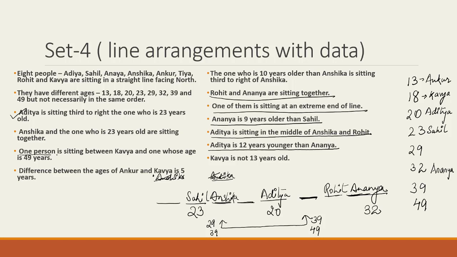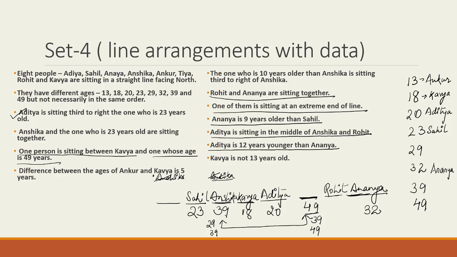Now one person is sitting between Kavya and the one whose age is 49 years. Now 49 years person can come here, and if I place Kavya here, I am justifying this piece of information. Kavya is coming with an age of 18. Now if this is 49, this person should have the age of 39.